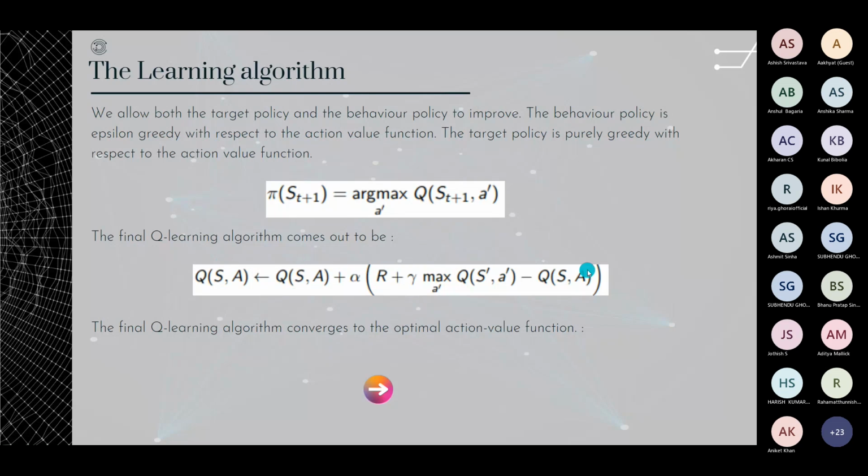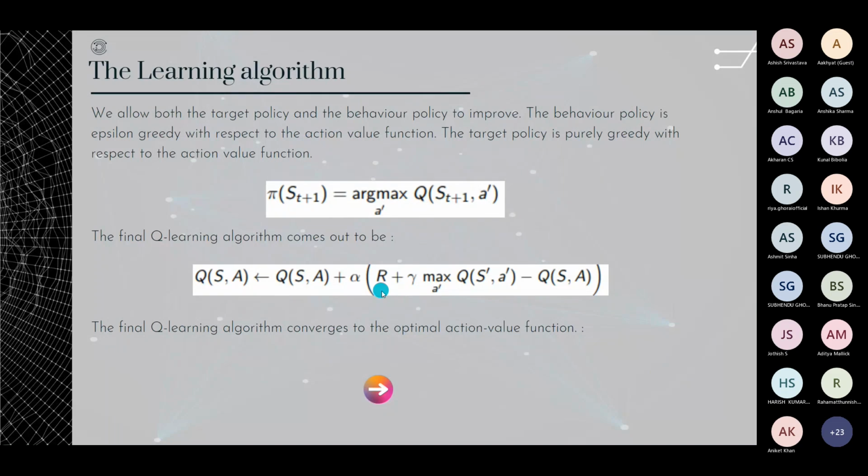I'll explain what this term is. Alpha is what we call the learning factor. It is basically how quickly we want the agent to learn, and it helps determine over how many steps or episodes the agent finally gets trained.